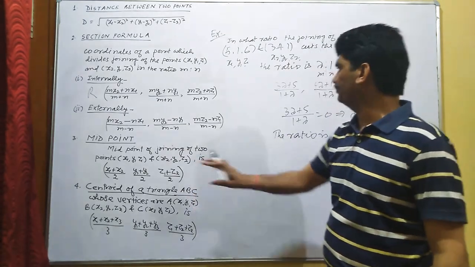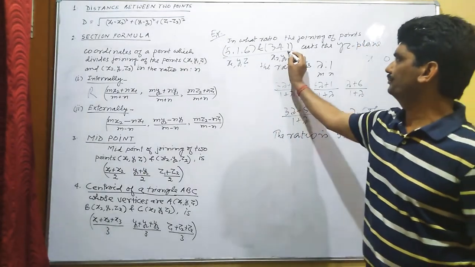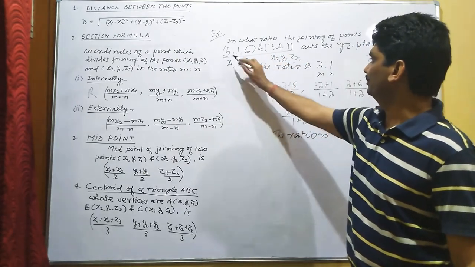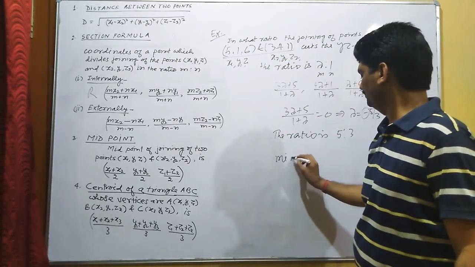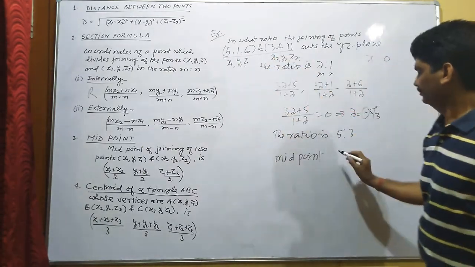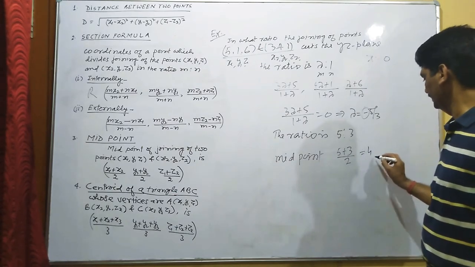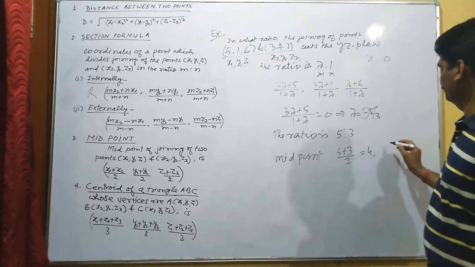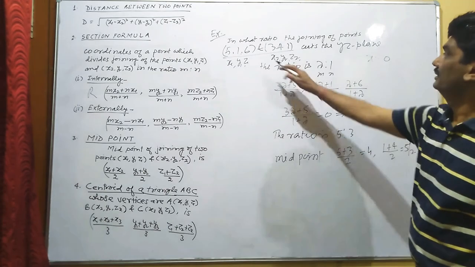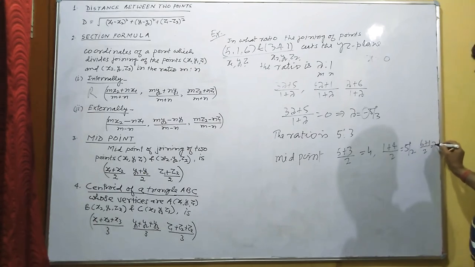Similarly, suppose we have to determine the midpoint of the joining of these 2 points. Very simple: the midpoint is (x1 plus x2)/2 and so on: (5 plus 3)/2, that is 4; (1 plus 4)/2, that is 5/2; (6 plus 1)/2, that is 7/2.